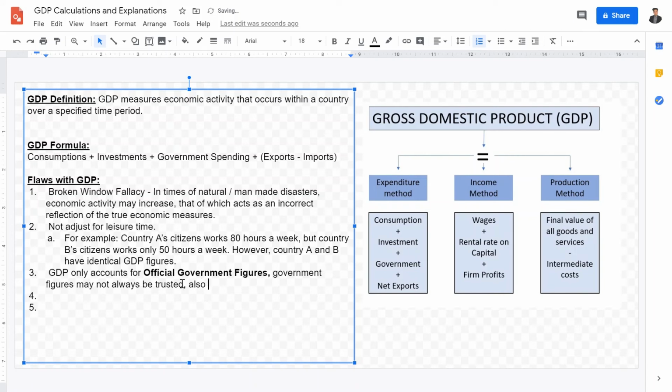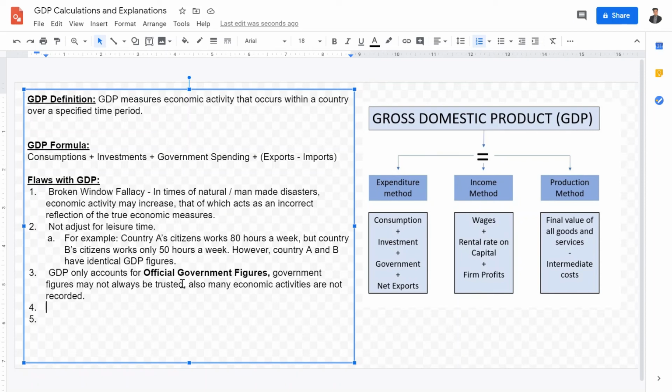Also, many economic activities are not recorded. That's another problem. For example, the black market, for example, in Mexico has a very big black market, and within the black market, GDP figures are not accounted for because they are not part of the official government figures.